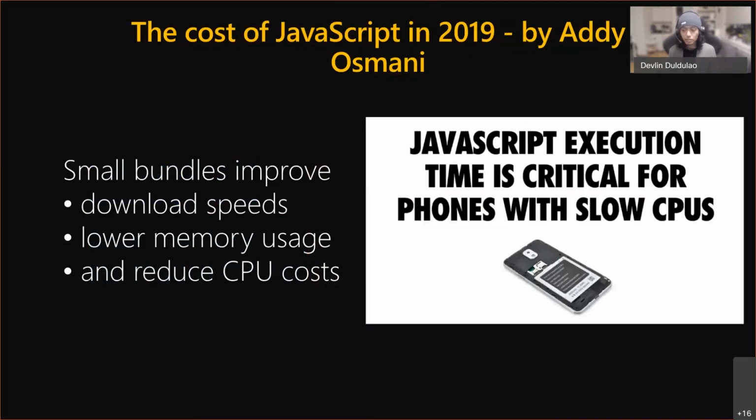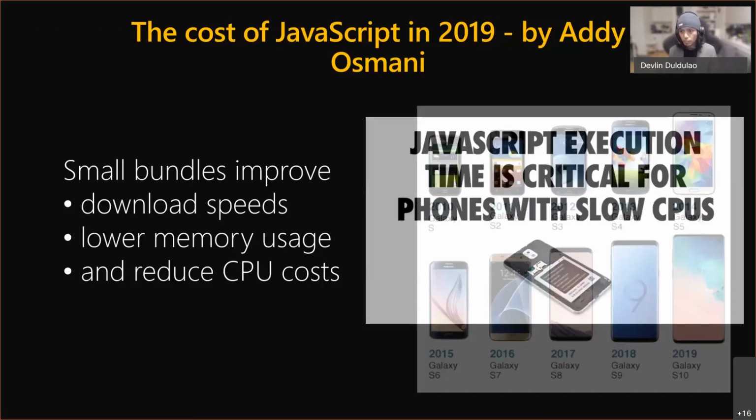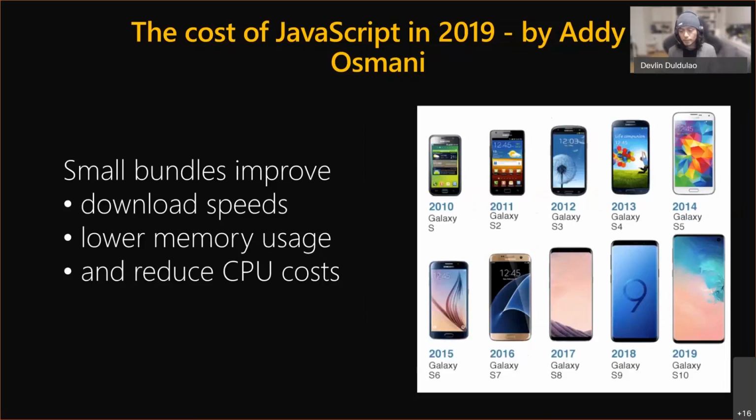He also mentioned that JavaScript execution time is important for phones with slow CPUs. Then you also have to consider, due to differences in CPU, GPU, and thermal throttling, there are huge disparities between the performance of high-end and low-end phones. This matters for the performance of JavaScript, as execution is CPU bound.